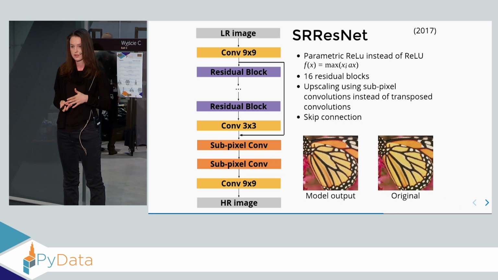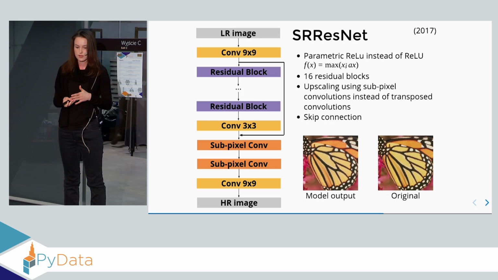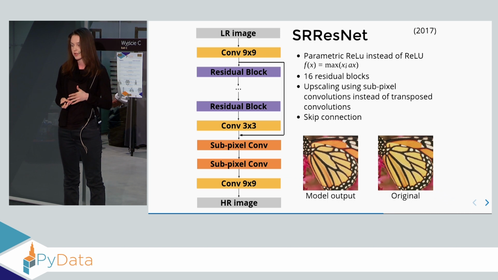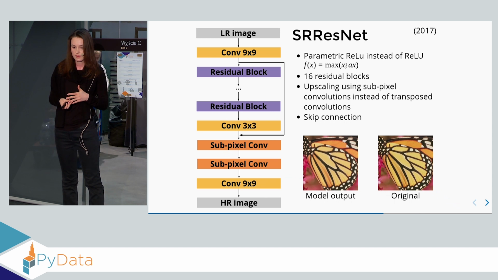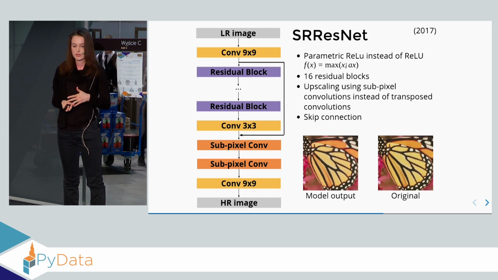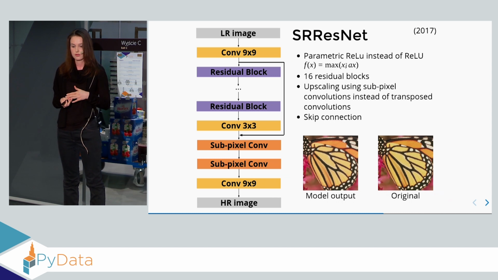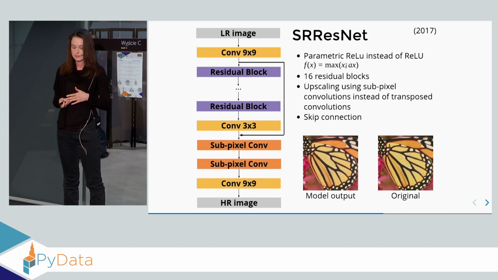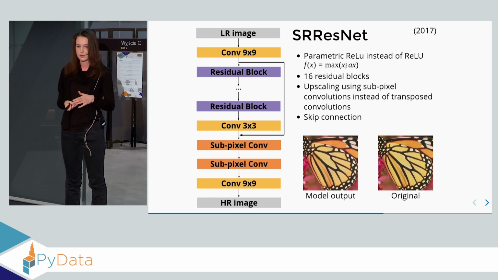It has 16 residual blocks, also a skip connection, also a parametric ReLU, which is similar to leaky ReLU, but the parameter is also learnable. They also use this newest upsampling layer, the subpixel convolution, and we can see that the results are, well, pretty good. And as far as I know, it was the best result in terms of optimizing PSNR.